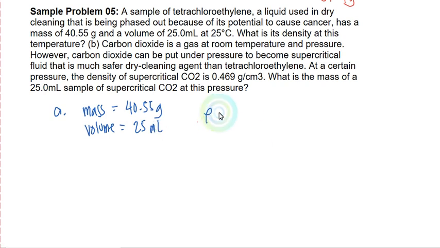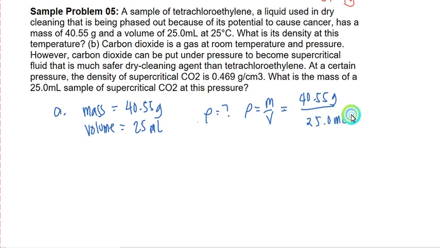So, density ang ginapangita. So, may ara ta specific na formula for density which is equal to mass all over volume. That means automatic, diretso na lang ta substitution. So, that is equal to 40.55 gram divided by 25.0 ml, which is equal to 1.622 gram per ml.